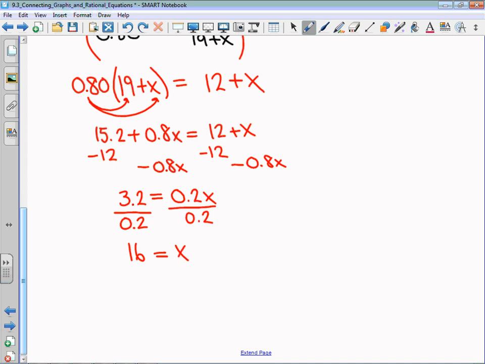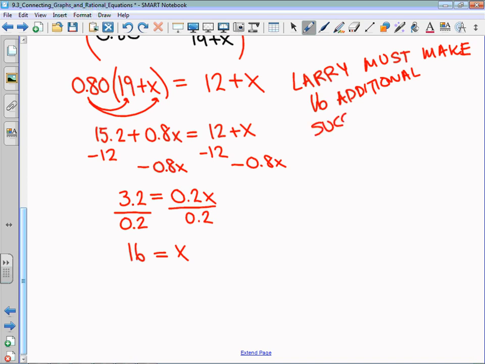And that's our solution. So I'm just going to put that Larry must make 16 additional, and just because I find this part of the question a little bit annoying, I'm going to put 16 additional successful free throws.